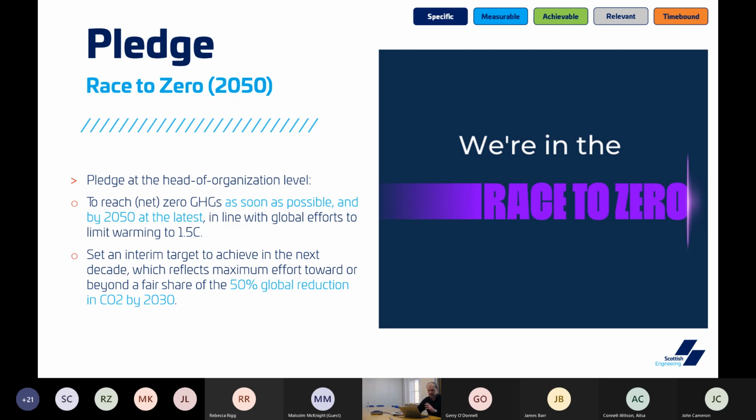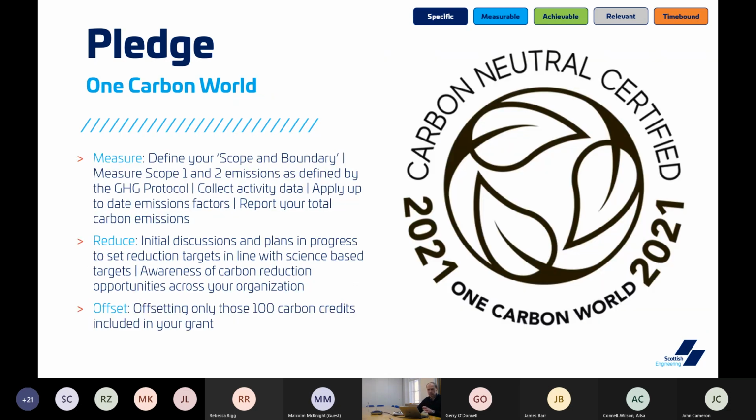So even if the pledges are different, you can see they are starting to converge in terms of dates. And then you've got pledges where you decide what that date is, but it still is like that one carbon world. You still need to measure, you still need to reduce, and in this case you're looking at the offset. In some pledges, the offset is included, in some pledges, the offset isn't included.